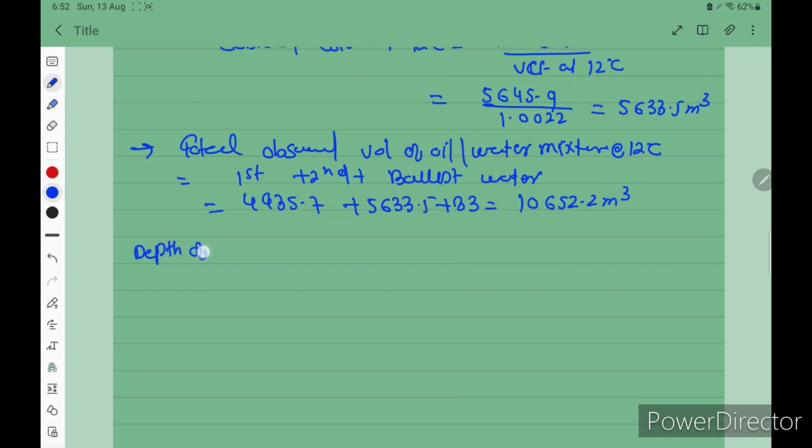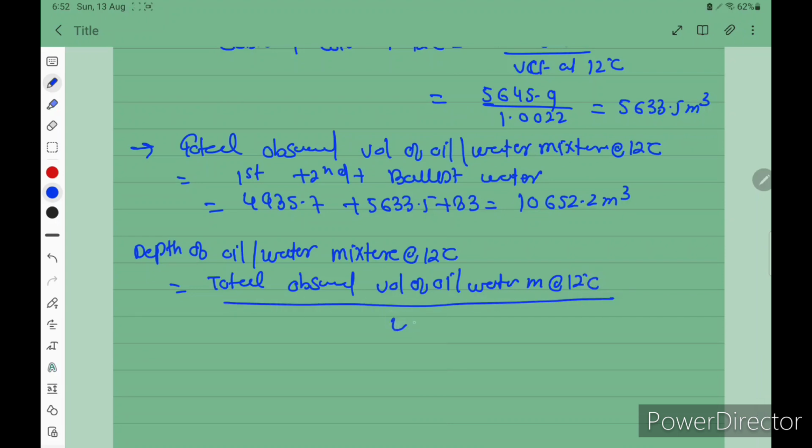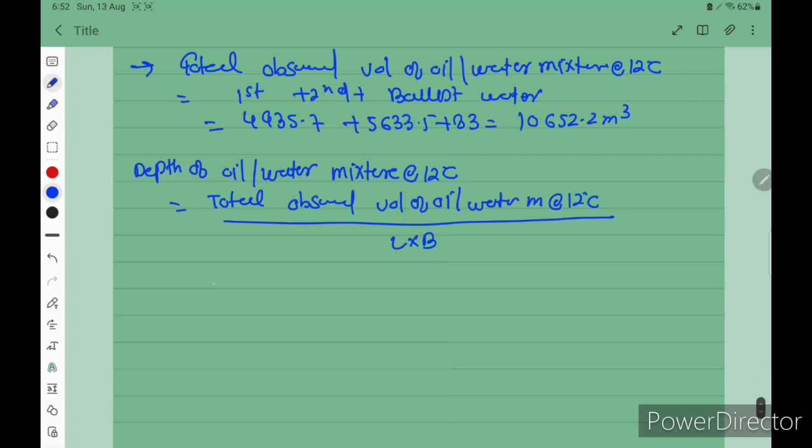So depth of oil water mixture at 12 degrees centigrade is equal to total observed volume of oil mixture at 12 degrees centigrade divided by L into B, length into breadth. So 10652.2 divided by 35 into 24.3.